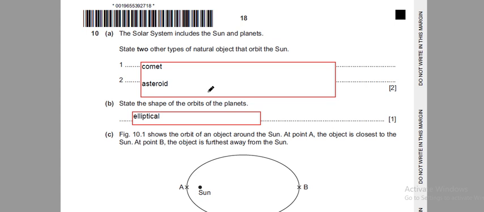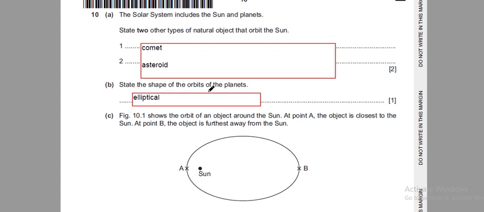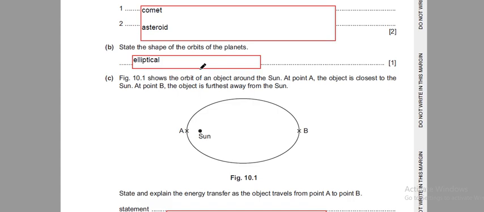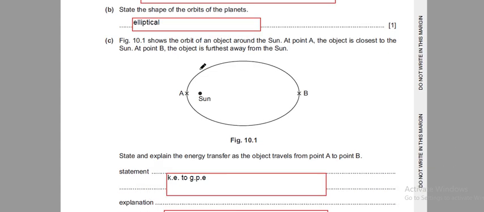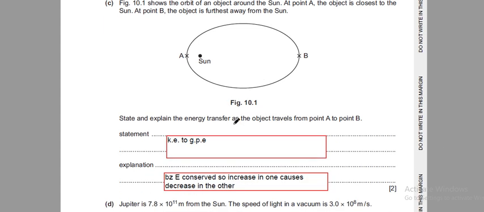The solar system includes the sun and planets, and two other types of natural objects that orbit the sun: comets and asteroids. State the shape of the orbits: elliptical. At point B, the object is furthest away from the sun. State and explain the energy transfer as the object travels from A, the nearest, to B, the furthest.